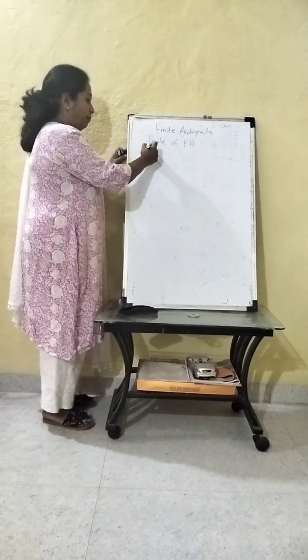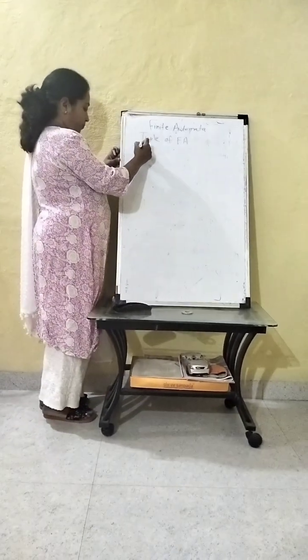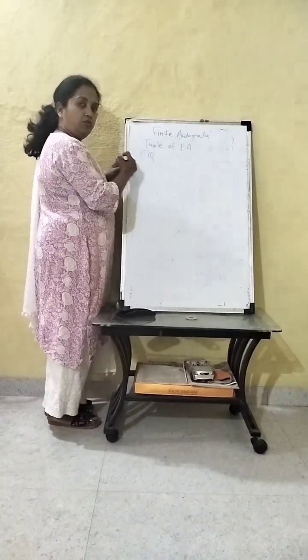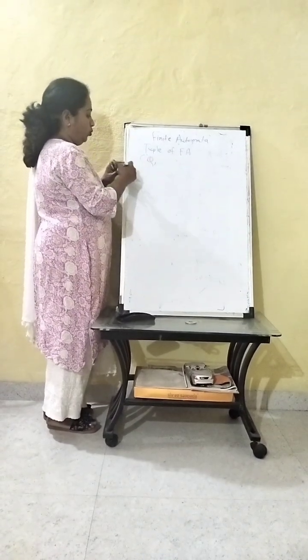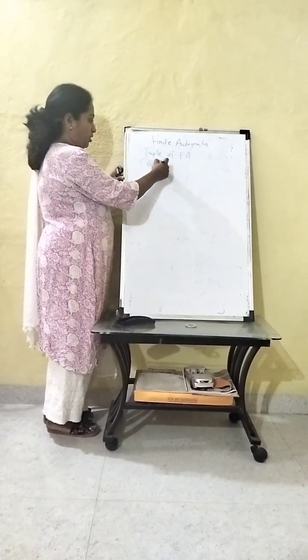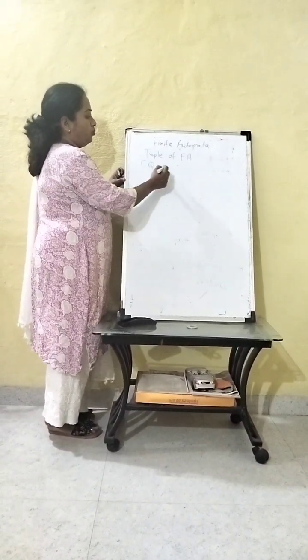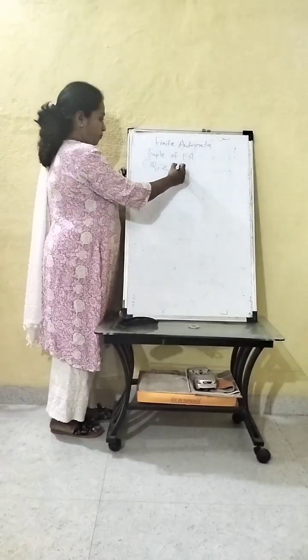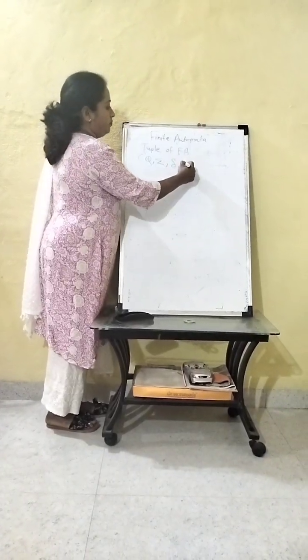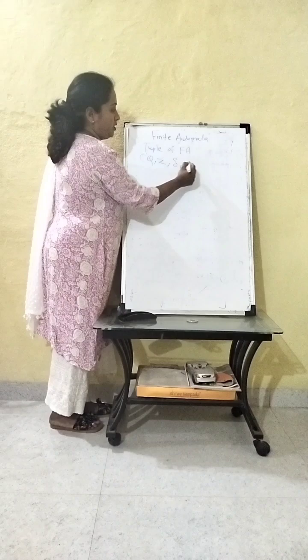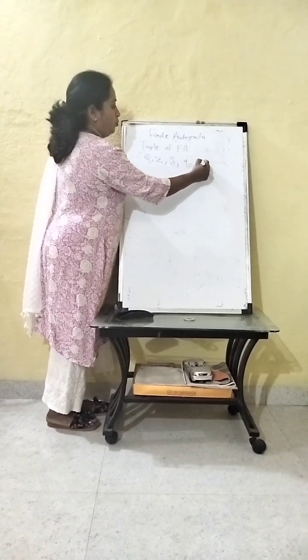So five tuples are required. See, a set of 5 tuples: Q, summation, delta, Q0 and F. We will see one by one the meaning of each.